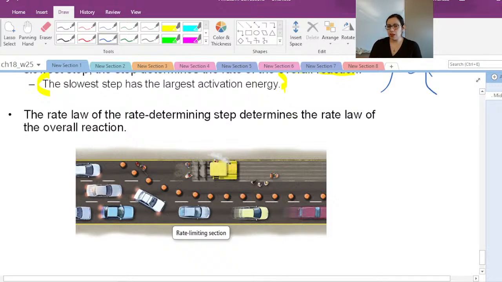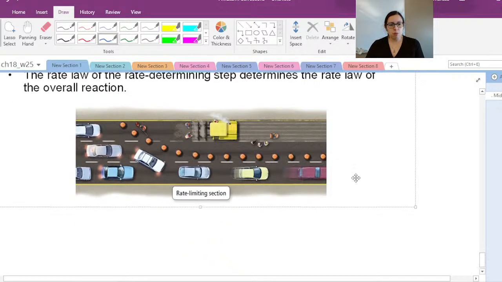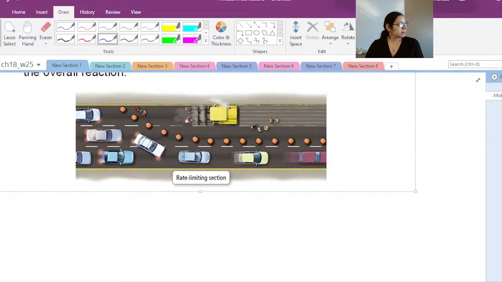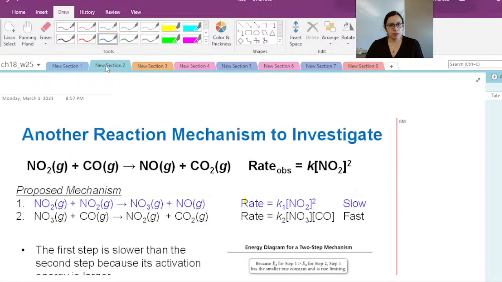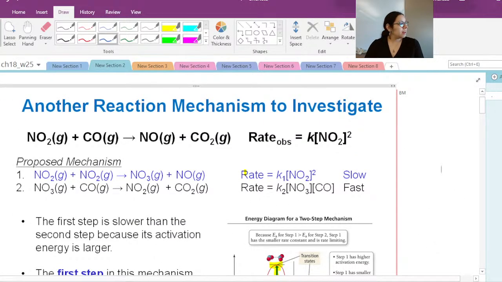These 3 lanes don't matter, they're all limited by our merger here. That's where we're going slowly, we're trying to figure out what's our rate limiting step, and then how does that correspond to our overall rate law. All right, so now we're starting to slowly get into the details and understanding where we're going with all this.